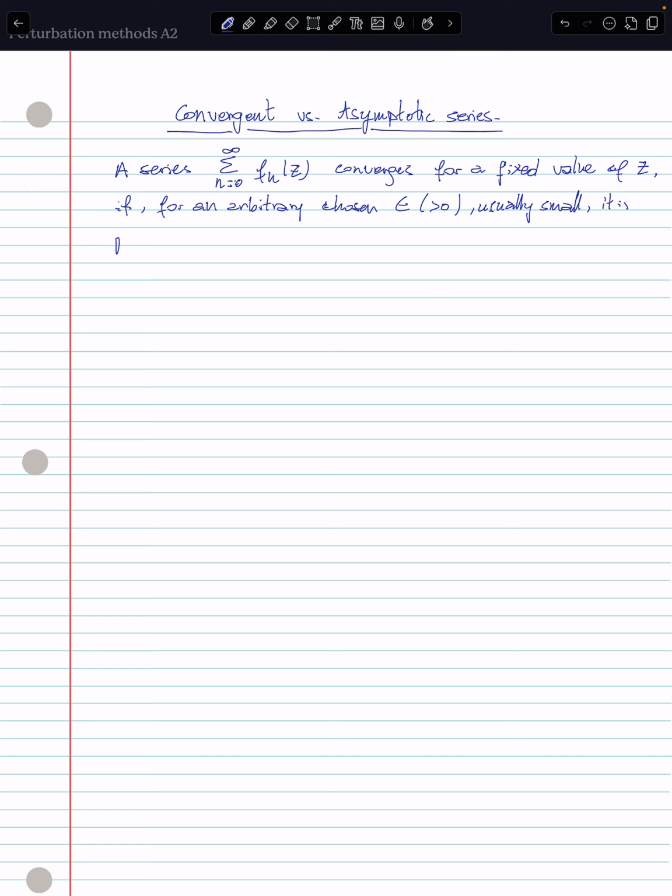It is possible to find a sufficiently large n, which depends on where we are in the complex plane, if this is a complex number z, and which depends on the small number epsilon that was arbitrarily chosen, such that we can make the remainder, so the sum from m to n of f_n(z), smaller than epsilon for any m and n that you would choose, which are chosen larger than this n0.